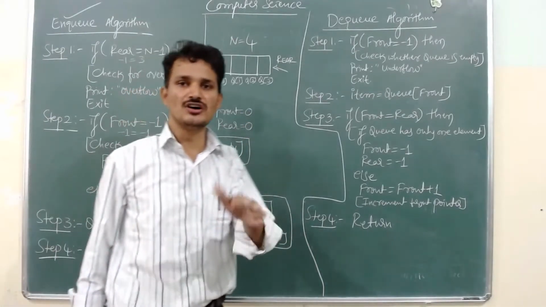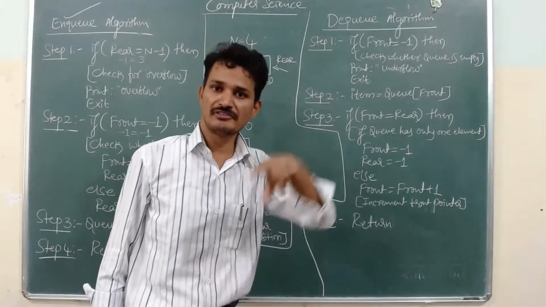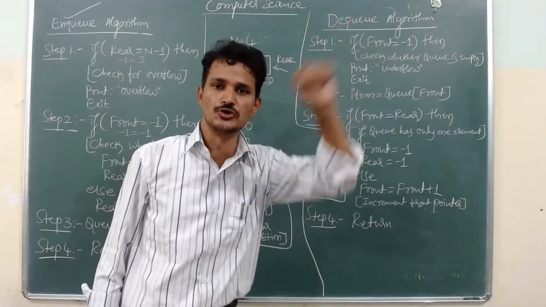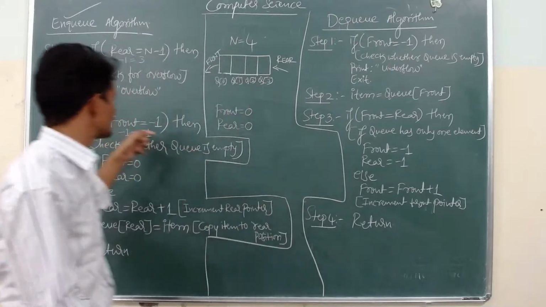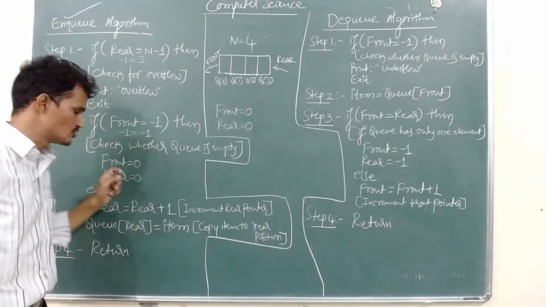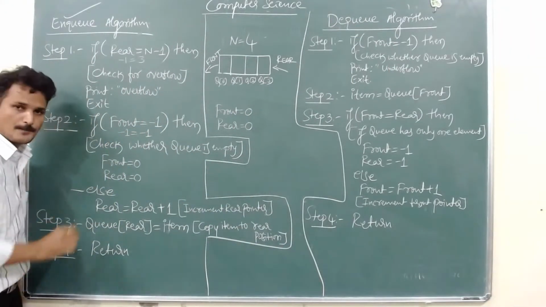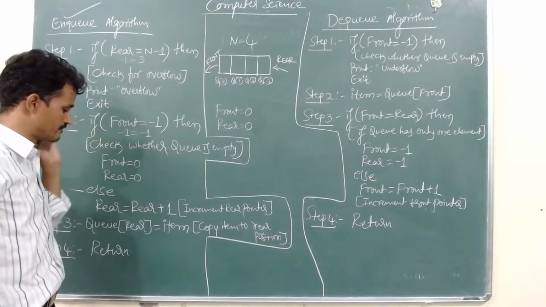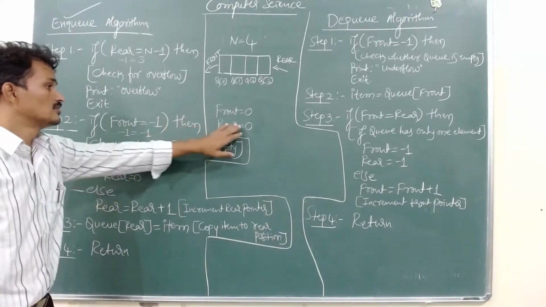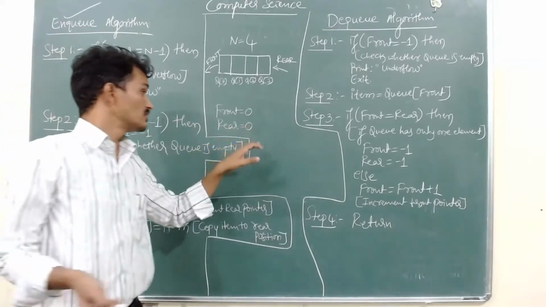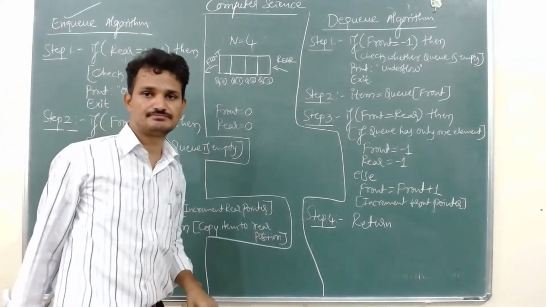Front is also 0, rear is also 0. Since -1 is equal to -1, the condition is true, so I execute the part before the else: front equal to 0 and rear equal to 0. So -1 is replaced by 0.